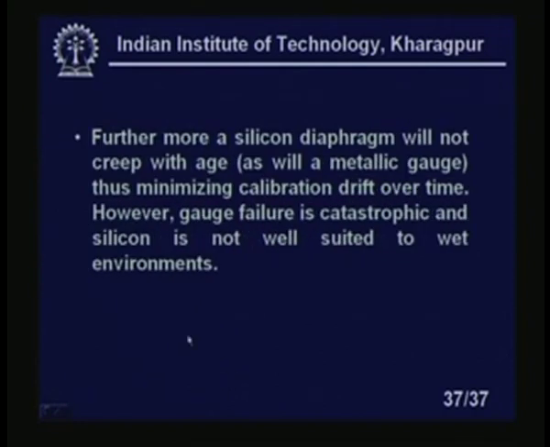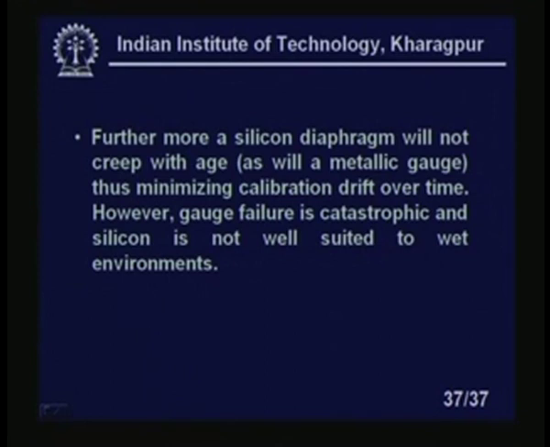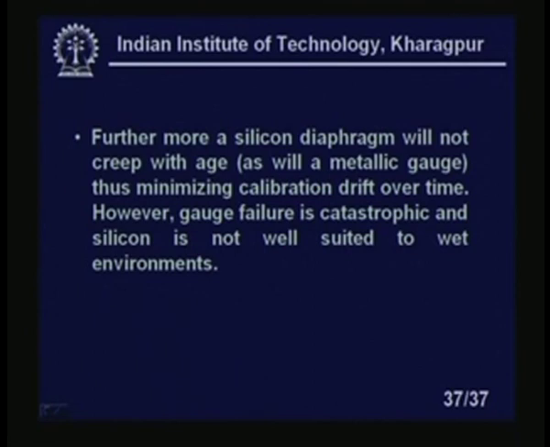Furthermore, a silicon diaphragm will not creep with age, okay, that is a typical problem with the metal diaphragm, thus minimizing the calibration drift over time. But not everything is good in the case of semiconductor strain gauges. A gauge failure is catastrophic in the case of silicon, whereas metal strain gauges hardly ever fail, and its performance deteriorates with the presence of moisture.